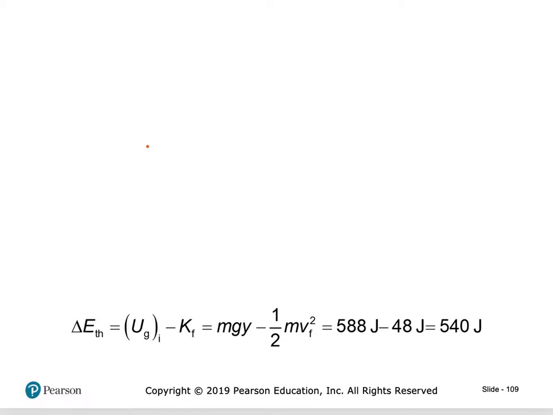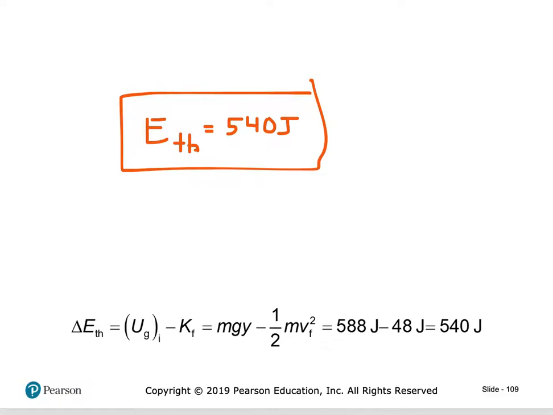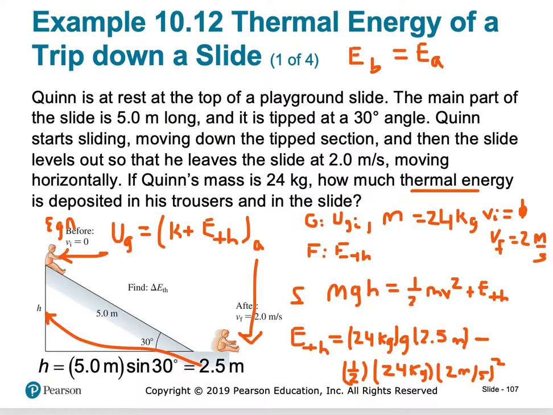If we do the math, our E thermal that we solve for is 540 joules. Quinn sliding down the slide transfers 540 joules of thermal energy from the friction of the pants on the slide. So these are examples of how you solve for conservation of energy.